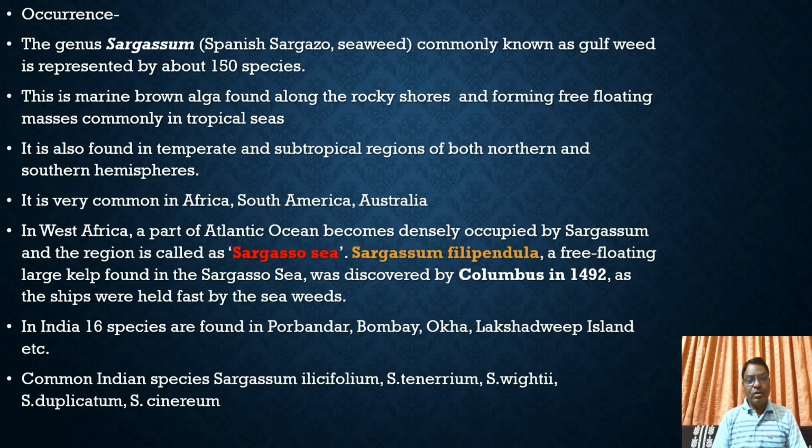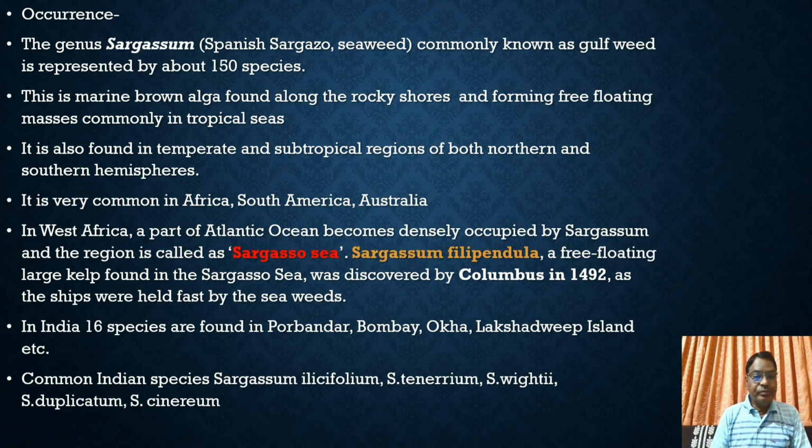So the persons traveling through ships were surprised, and due to the huge growth of Sargassum, the name Sargasso Sea is given to the part of the Atlantic Ocean in West Africa.